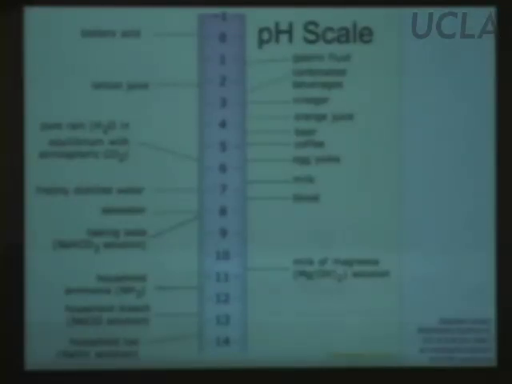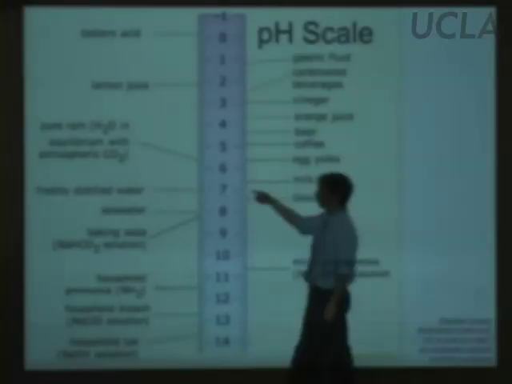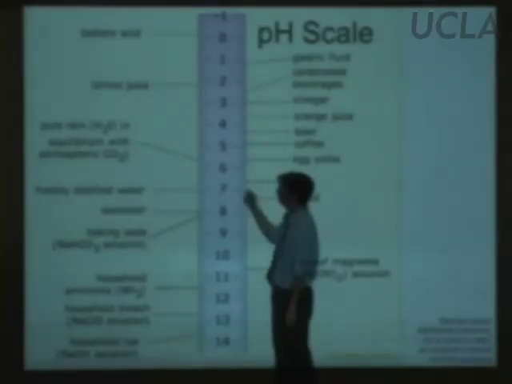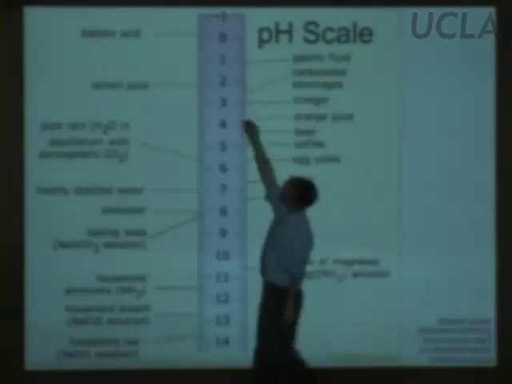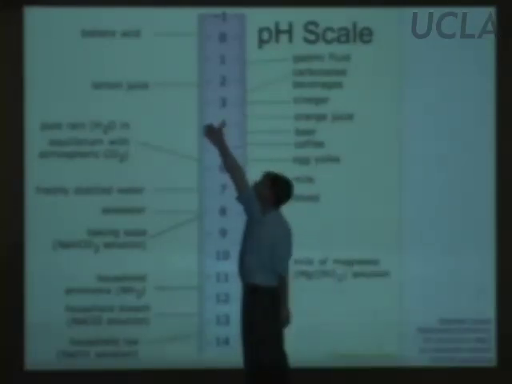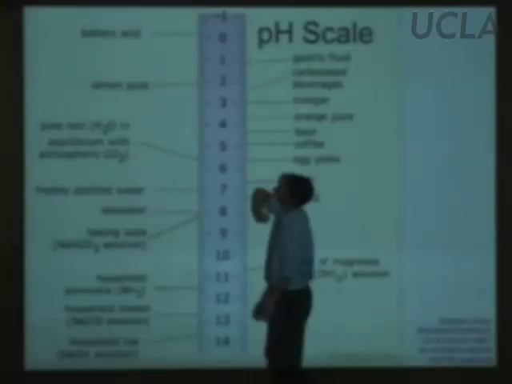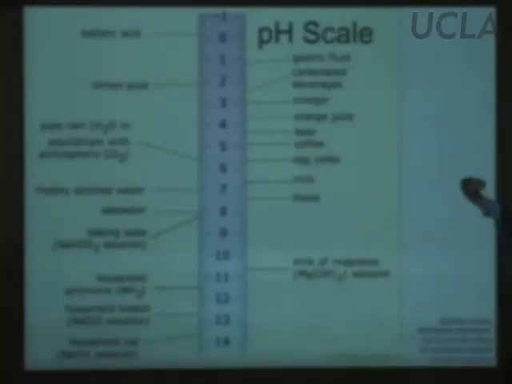And so we can put all kinds of different things on a diagram where we plot how acidic or how basic it is according to pH, with fresh water being right here at a pH of 7. Things that we normally think of as acidic, like the sulfuric acid in a battery, would be at very low pHs. Lemon juice, lots of sour things tend to be fairly acidic, at a pH of around 2.